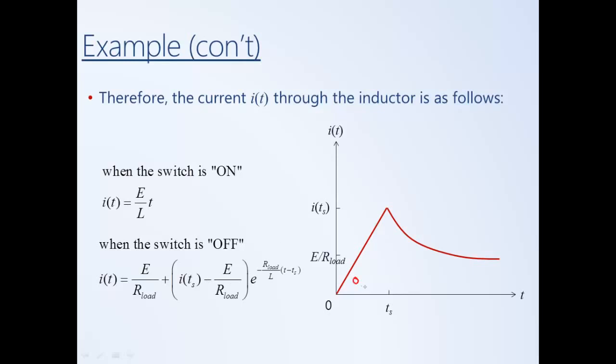So when the switch is closed, current increases, and when the switch is opened, it will decay. This is making the presumption that we waited until the current was greater than E divided by R load before we flipped the switch.